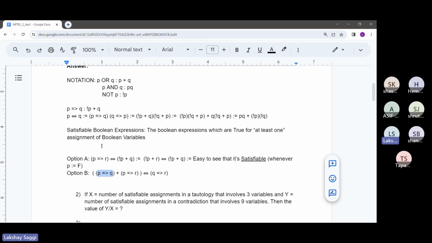Basically, P implies Q and P implies R, when the OR of these two expressions is taken, if and only if Q implies R. So we have to see whether it has a satisfying assignment or not.